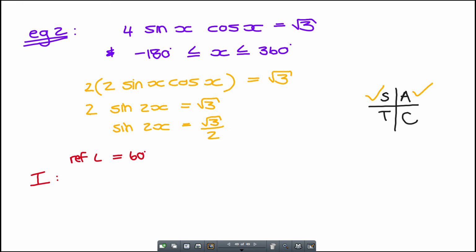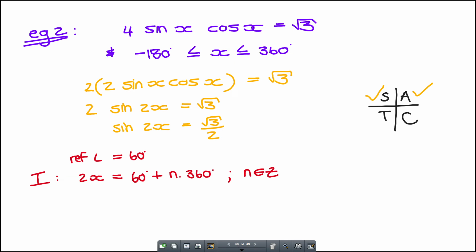In quadrant 1, I'm going to say 2x is equal to, now remember, first quadrant, your angles are between 0 and 90. So it's not 180 minus that angle or 180 plus, it will just be the reference angle. So just 60, and I can't leave it at that, you must say plus n times 360. Why 360 again? Because that's the period of sine.